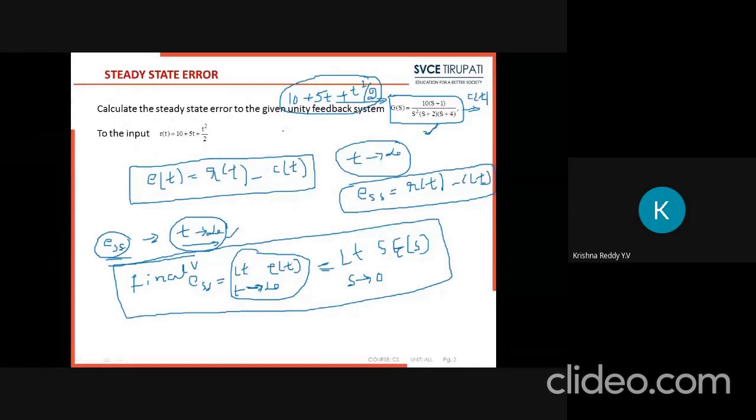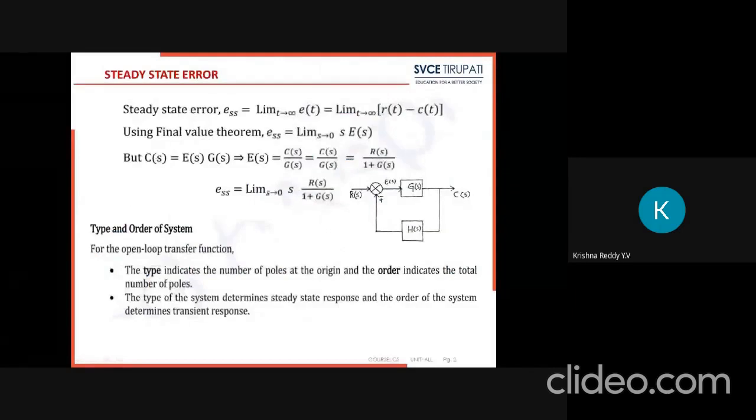In order to calculate the steady state error, we go through this theory. The steady state error depends upon what type of input we are given and also what type of system we are having.